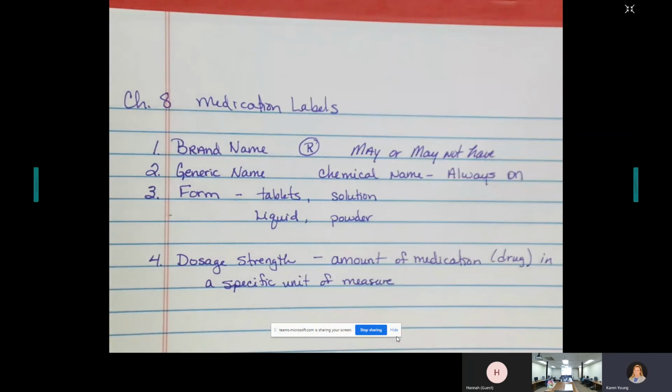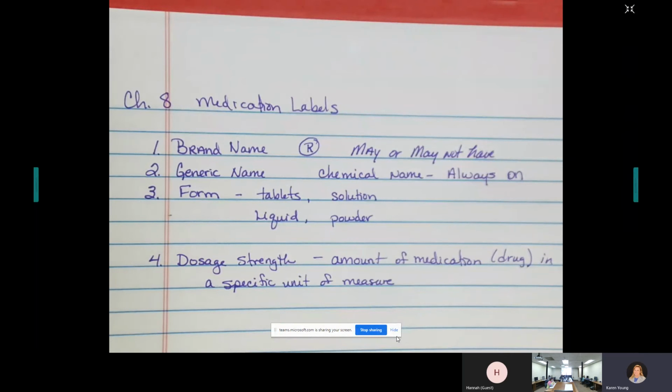So it could be something like Tylenol comes in 325 milligrams. So, and they're generally tablets or capsules. So it could be 325 milligrams in the tablet. Or a milliliter of some solution could contain 250 milligrams of the medication.